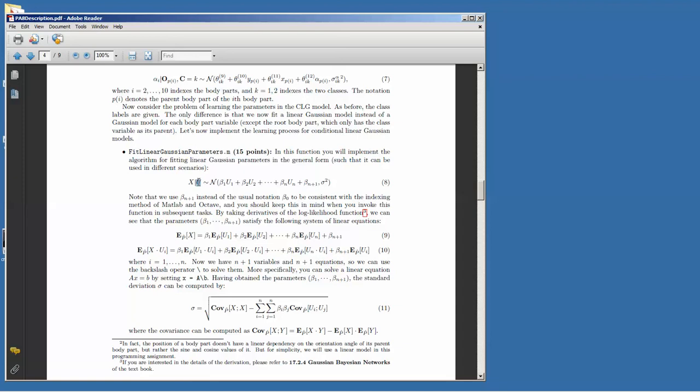So that's what those parameters beta 1, beta 2, beta n, and so on are. Now again, I'm not going to go into the derivation of all of this. If you're interested, you can look at page number 728 of the book, Probabilistic Graphical Models. It actually tells you how to derive all this. Again, I'm not going to go into the details of this.